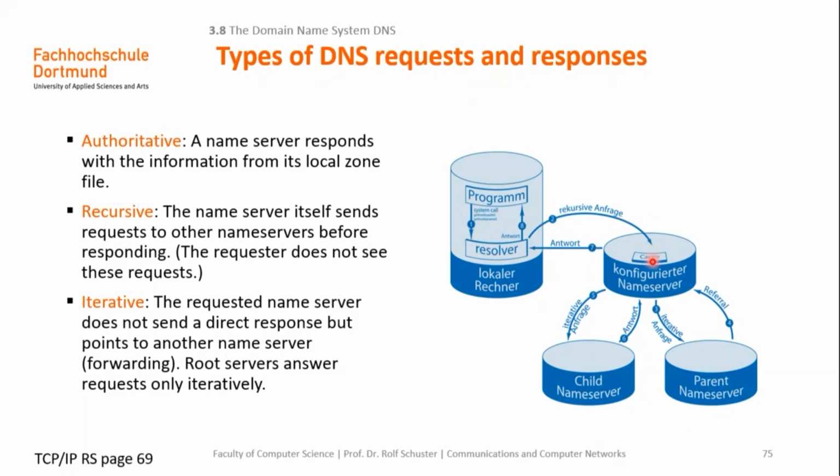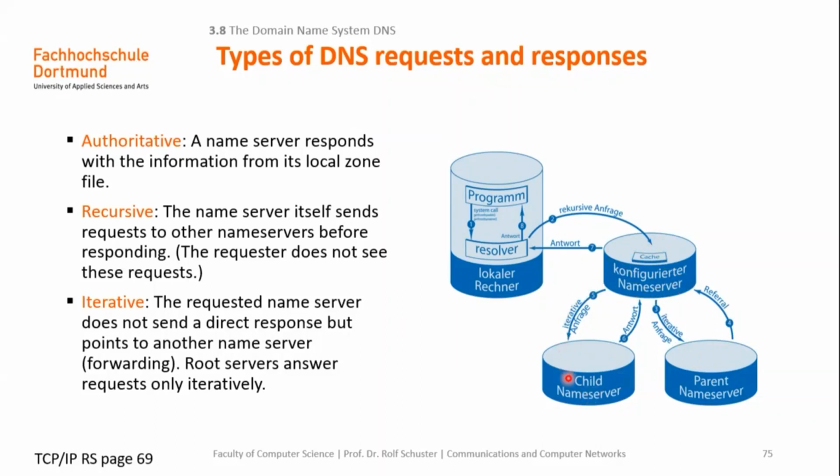The resolver then asks that information to the local name server. The local name server asks this information, for instance, the root server. The root server answers the local name server with the information in order to retrieve or ask that FQDN to another name server, and then, for instance, this name server asks for that name to this name server.